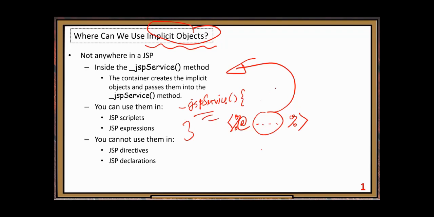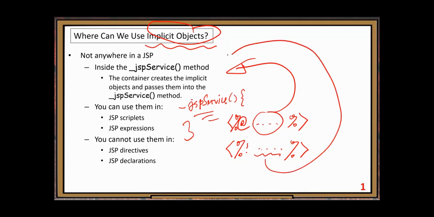Another is JSP declarations, which we learned last time. So this is a JSP declaration, with the exclamation sign. You can declare variables, classes, and methods in this part, if you need. And this part is also copied outside of the _jspService method.